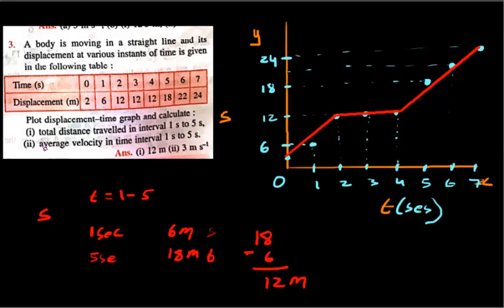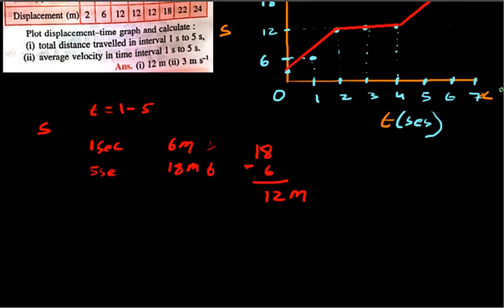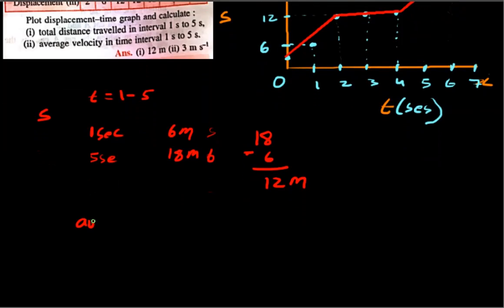Now, the second thing is we have to find the average velocity in the time interval 1 to 5. Average velocity equals total displacement divided by total time.